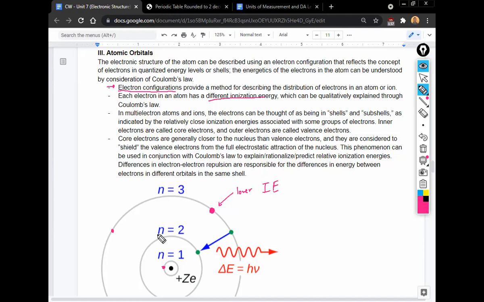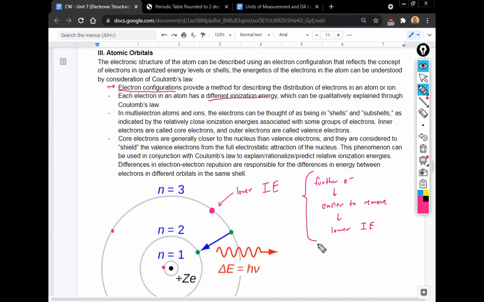Exactly, yeah. Yeah, the easier it is to take. So let me write that for you. The further the electron from the nucleus, the easier it is to remove. So easier to remove means that it has a lower ionization energy, because ionization energy is how much energy it takes.